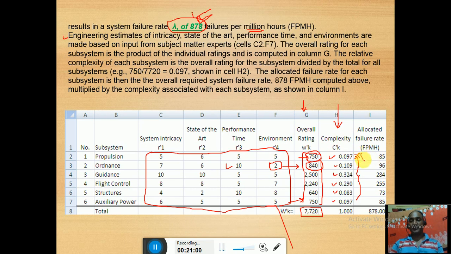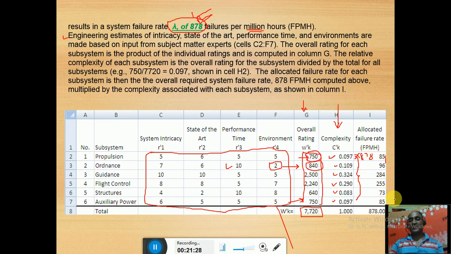So this multiplied by 878, you will get 85. Again 0.109 into 878, you will get 96. 0.324 into 878, you will get 284. This way you will multiply this lambda 1 by all these complexity levels and you will get these values: 85, 96, 284, 255, 73, 85.